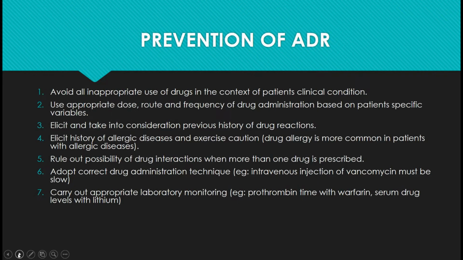Next is to adopt the correct drug administration technique, as I said previously, for example intravenous vancomycin should be given slowly. Next is to carry out appropriate laboratory monitoring, for example prothrombin time. When a drug is being administered, in many severe cases proper monitoring is not done.